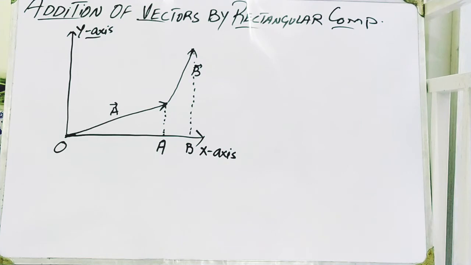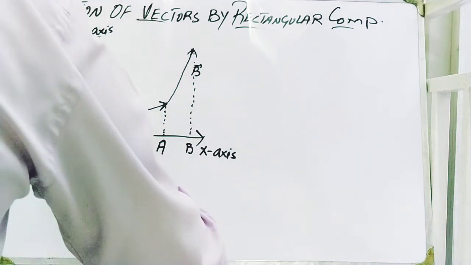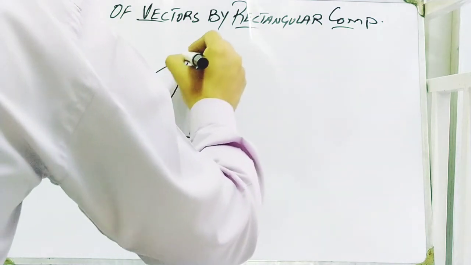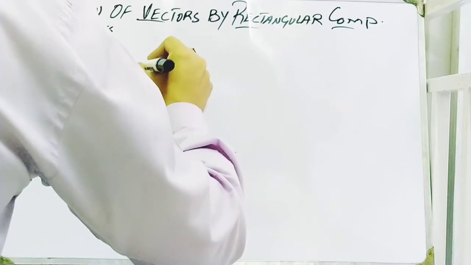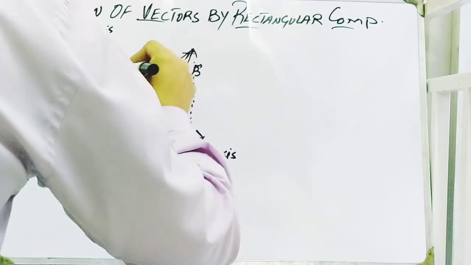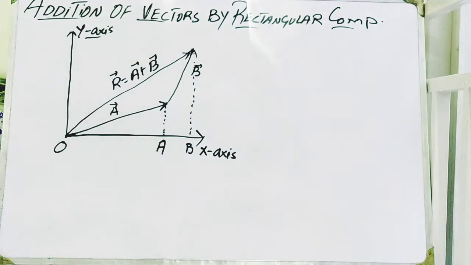So according to head to tail rule, we are going to draw a resultant for this situation, and the resultant vector is called R, which is equal to A plus B, as it is said in the definition of the head to tail rule.